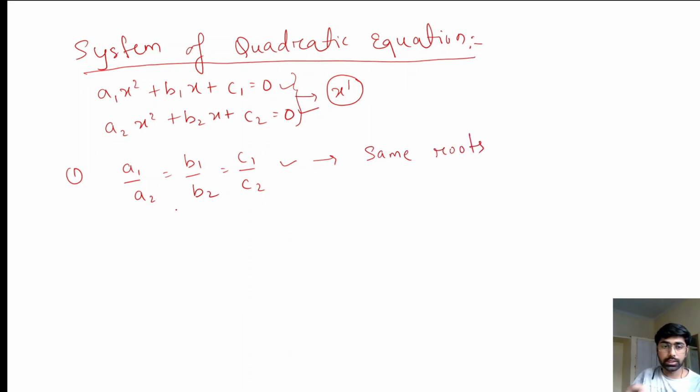Here we can see that we basically have one quadratic equation as a scalar multiple of the second one.